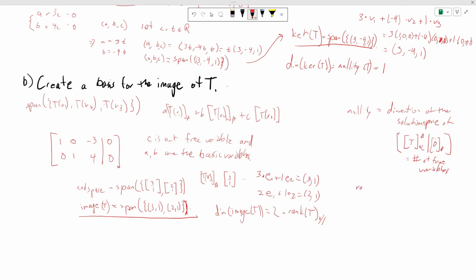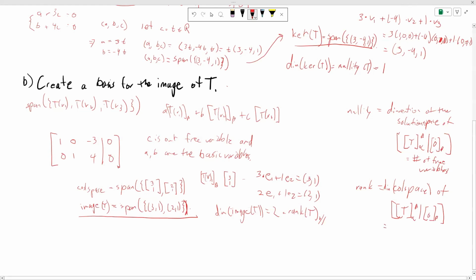Whereas the rank equals the dimension of the column space of T alpha beta equals 0 beta, which equals the number of basic variables.